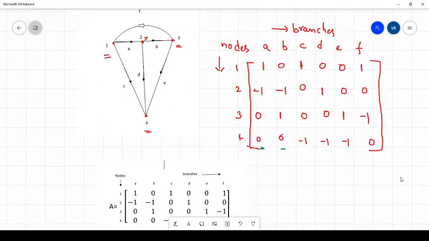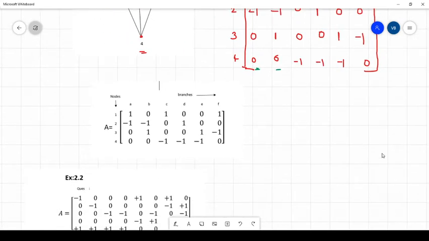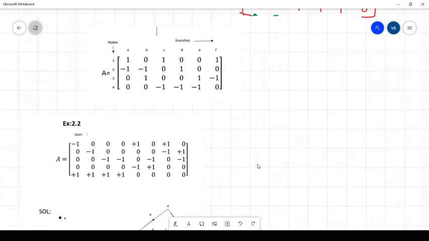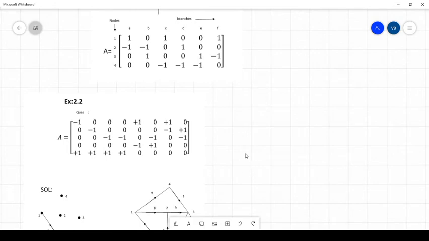Next, we will get the same answer like this, where nodes are indicated row wise and branches are indicated column wise. Whatever I have written here is the solution for this particular graph. Okay, so if the matrix is given, how do we draw a graph?